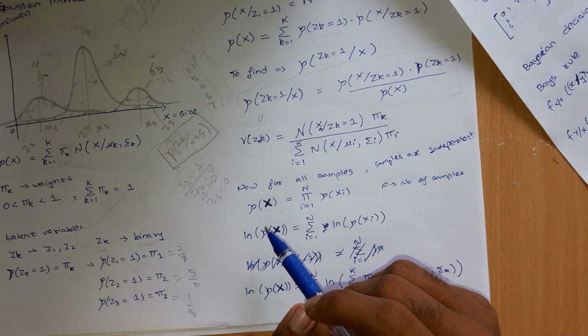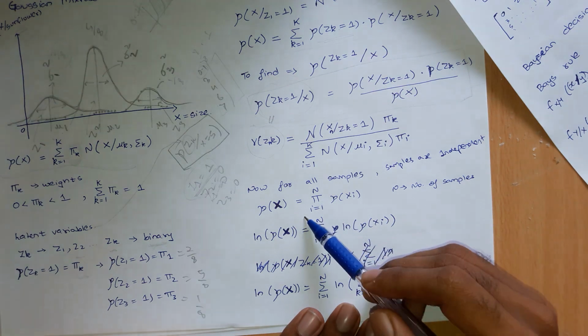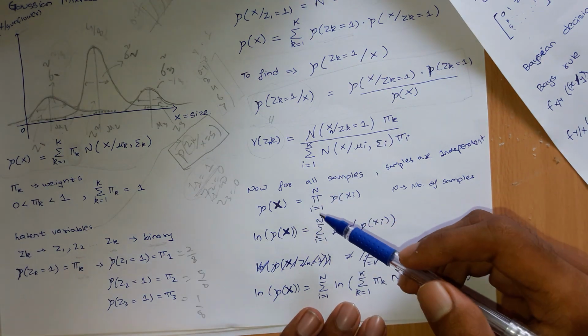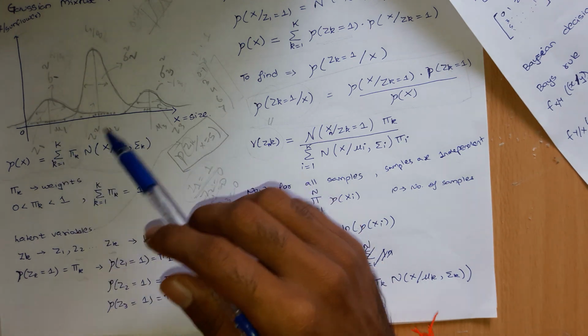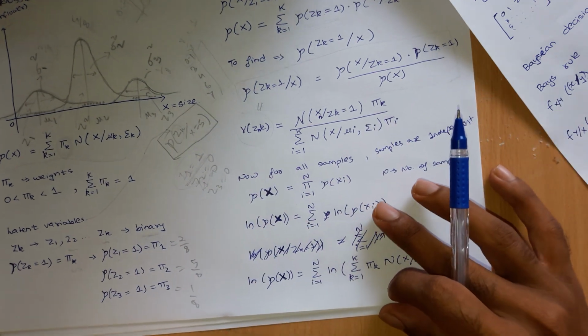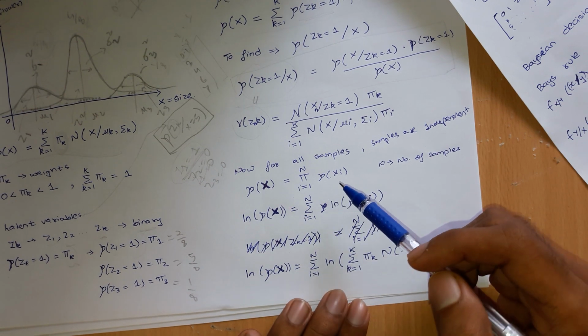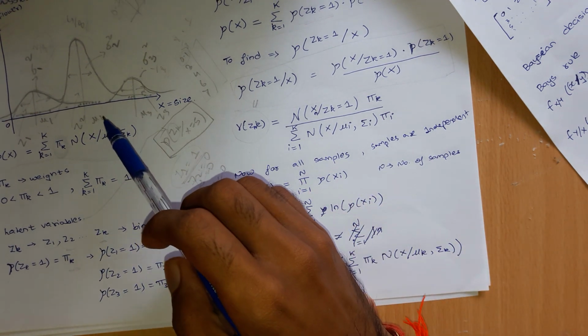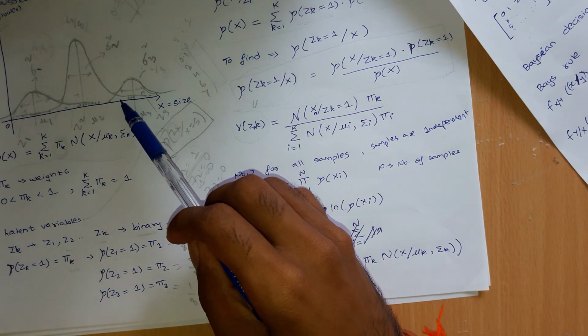Right. So the total p of x, the total for everything, will be nothing but the product of all the samples' probabilities. This we have seen so many times in the course. And for the same reason, there can be a sample for which this Gaussian will make it tend to 0.